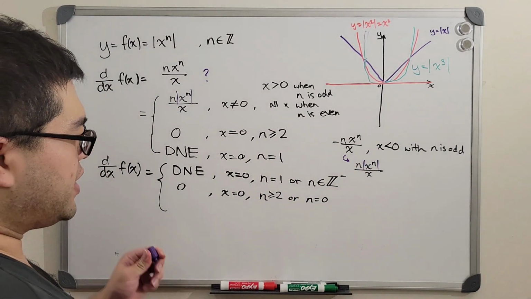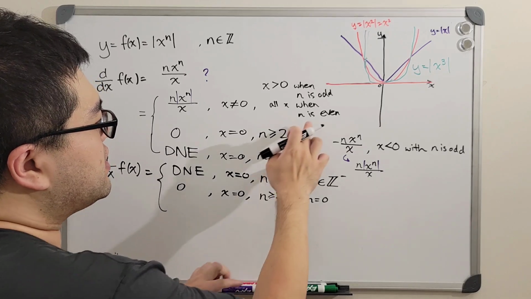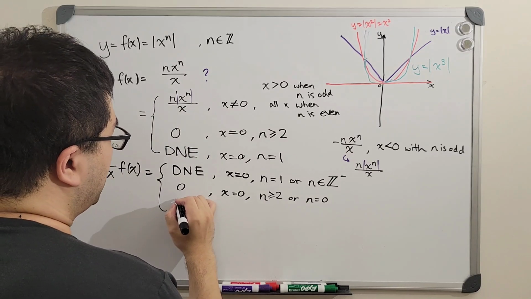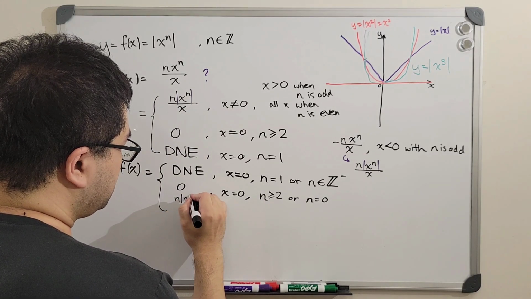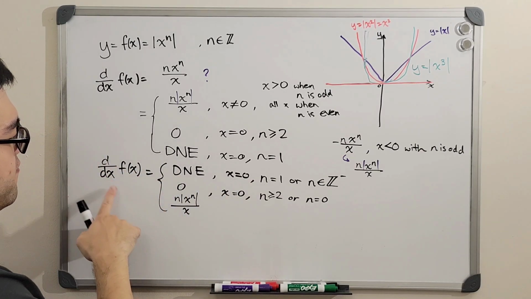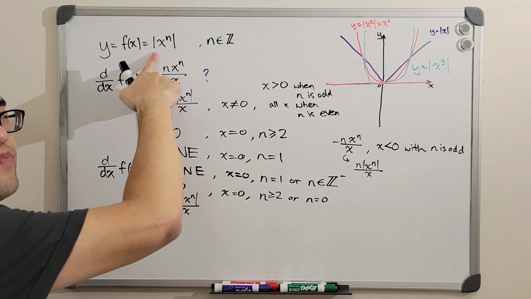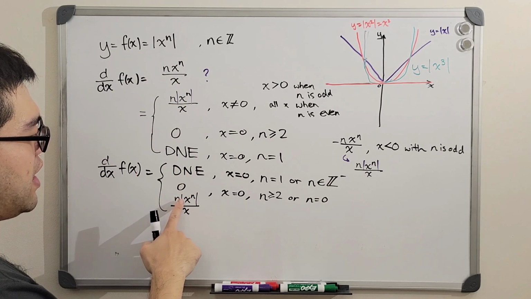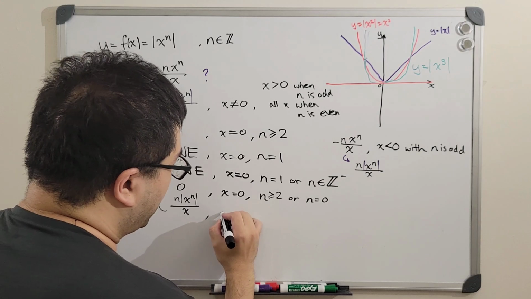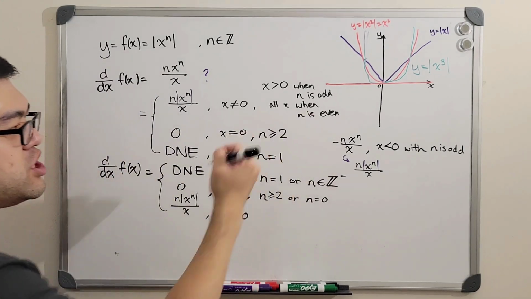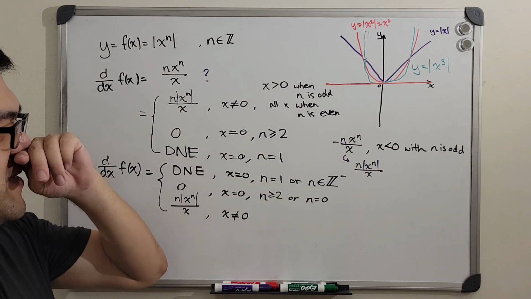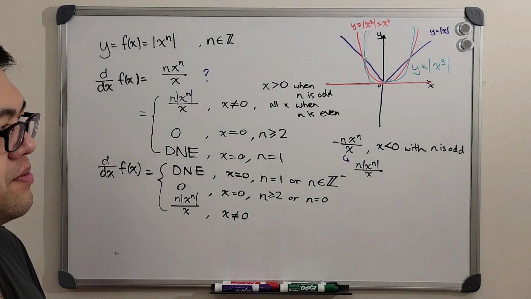So now that we have an agreement between these two different conditions for a general expression, we can claim that, generally speaking, the derivative of the modulus power function is equal to n times the modulus power function itself all over x, for x not equal to 0 in general, which includes all the even cases and all the odd cases as long as x is not equal to 0.